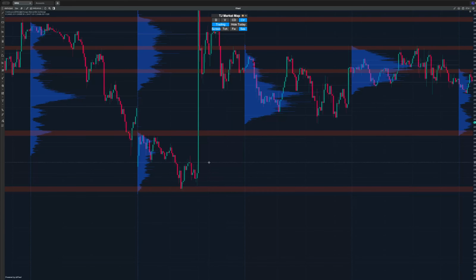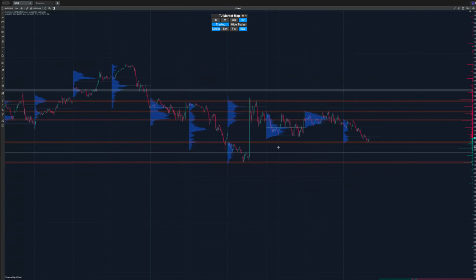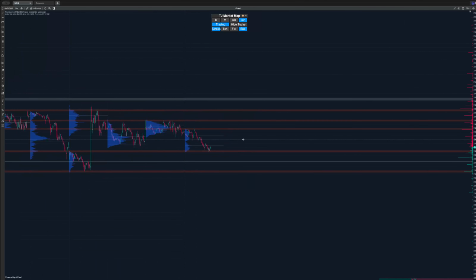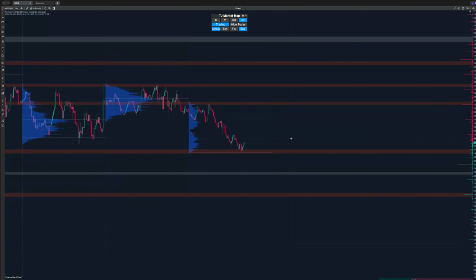Not here and here, but I mark them in a different color. Those are support and resistance areas. This one here might have another chance here. Look at that. Look at those here. Yep.